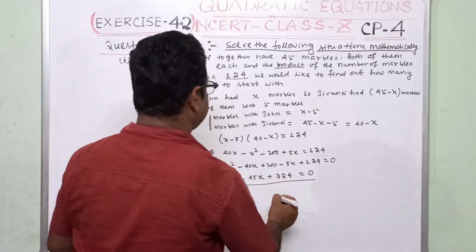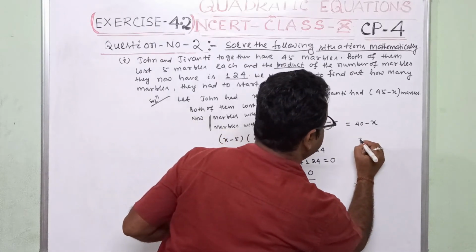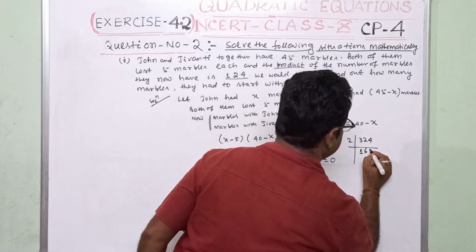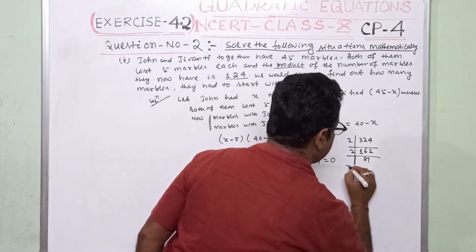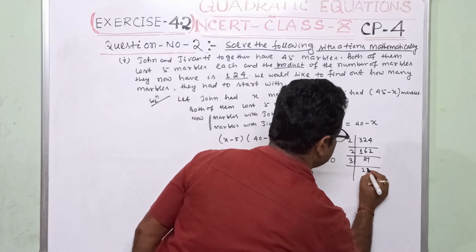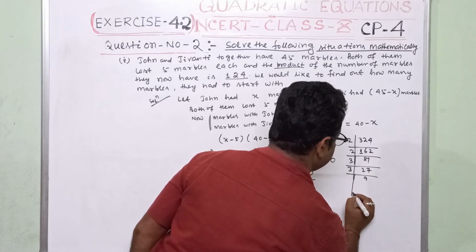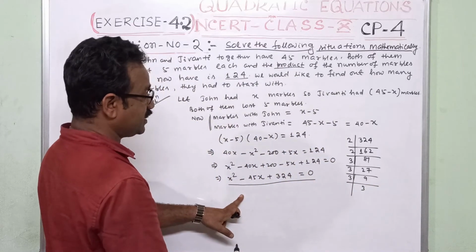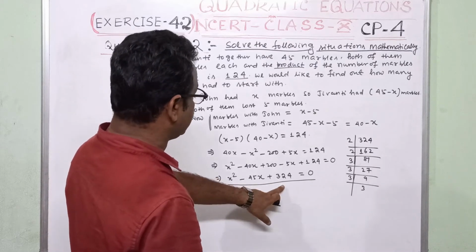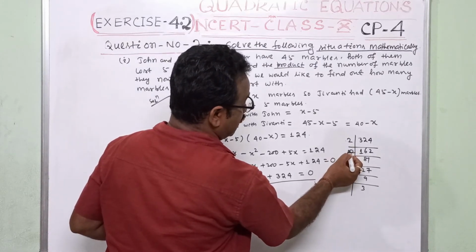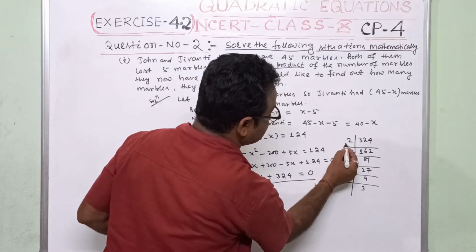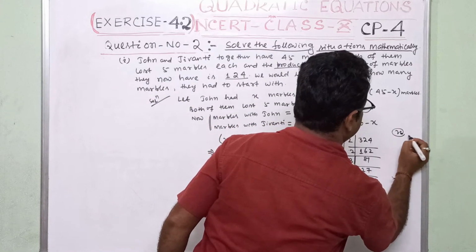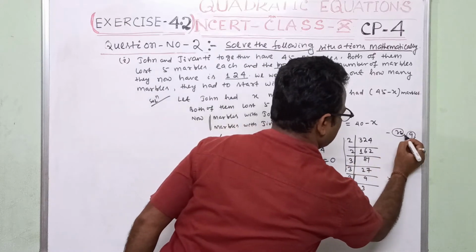No. So 324, factors 2, 2, 3, 3, 3, 3. We need minus 45 and plus 324. 36 and 9: minus 36, minus 9.